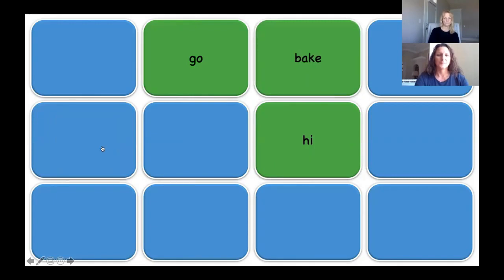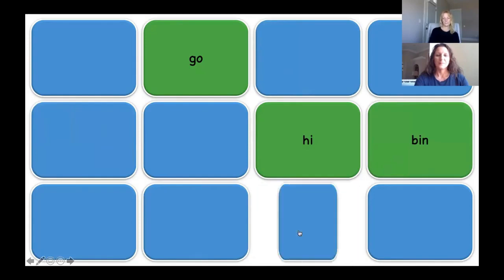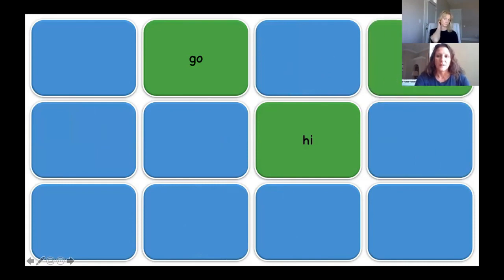Bake. Tree. Oh, you want to turn over bake. Go ahead and turn bake over. Okay, there you go. Try it again. Bin. Good. Very good. Pail. Okay, so now I have to move my screen so I can see the word.